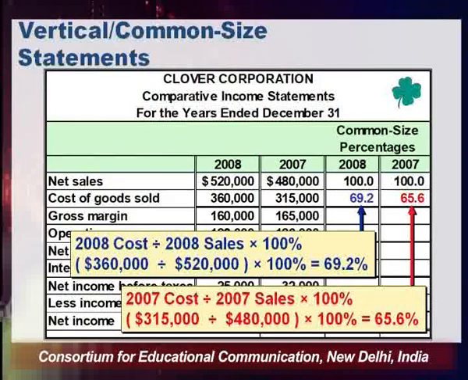So what I am doing is dividing the cost of goods sold by my total sales of 520,000 and multiplying by 100, and it gives me that the cost of goods sold as a percentage of my total sales is 69.2%. The same way we can express it for the rest of the items.